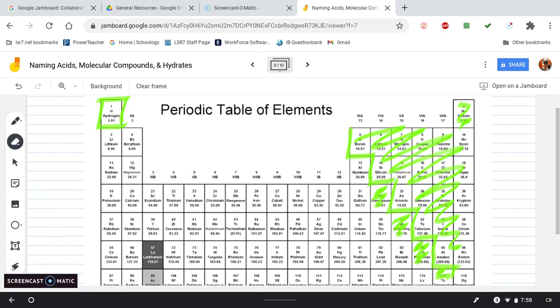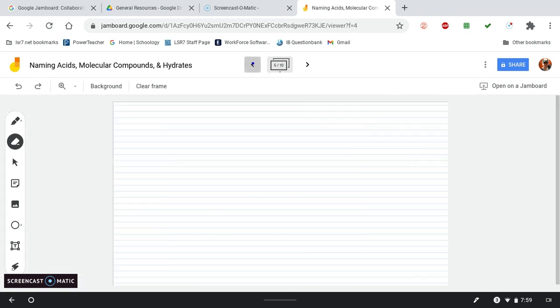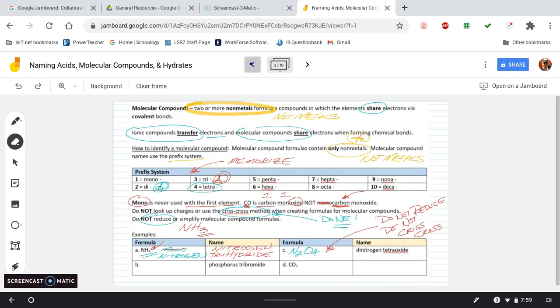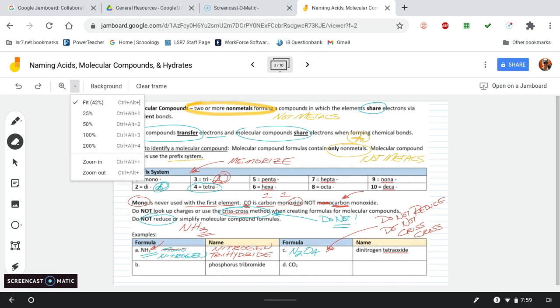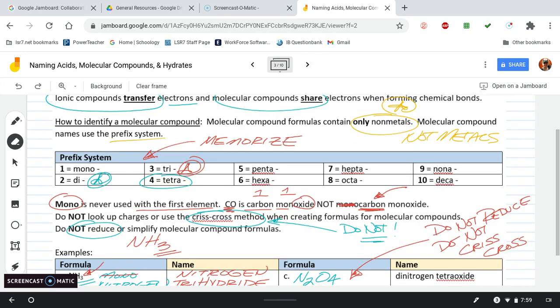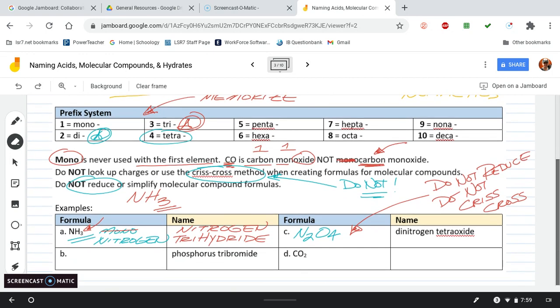These are things that we could be using prefixes for, but you have to have two of them, okay? But key thing is that hydrogen is considered a nonmetal. It's just in the wrong place on the periodic table. So everything we've been working with is nonmetals. Everything is going to need prefixes because we don't have metals. No metals, you're going to use these rules. Maybe that's the easiest way to think of it. Just look for the metals.